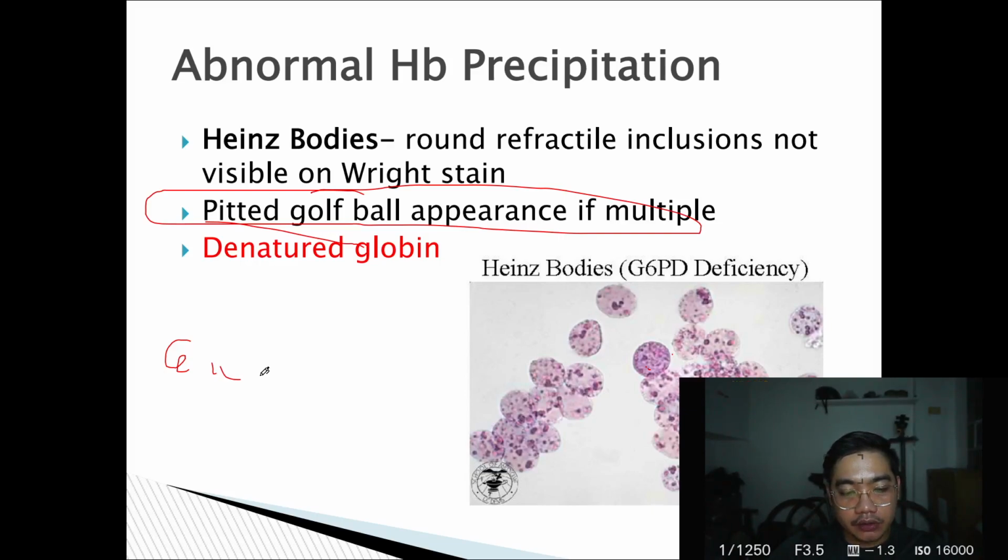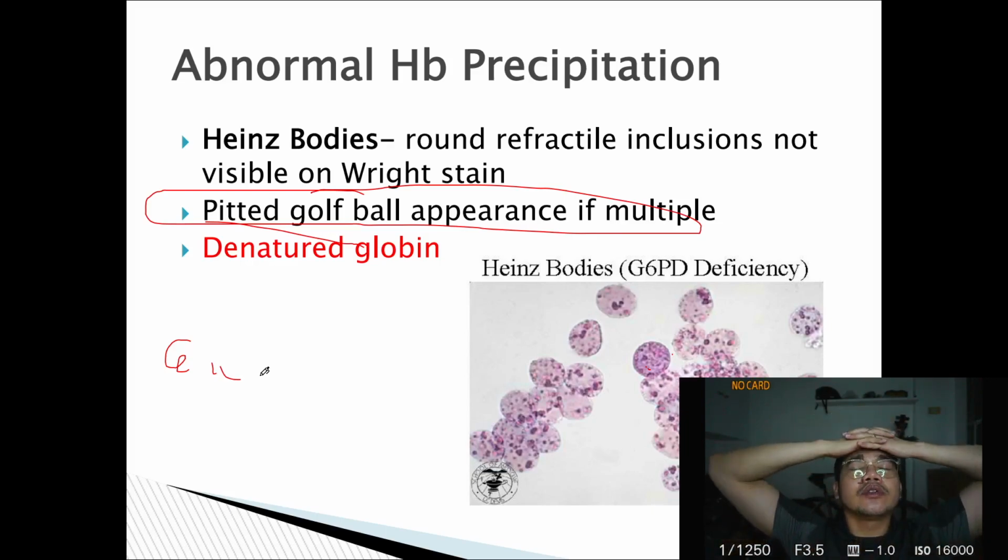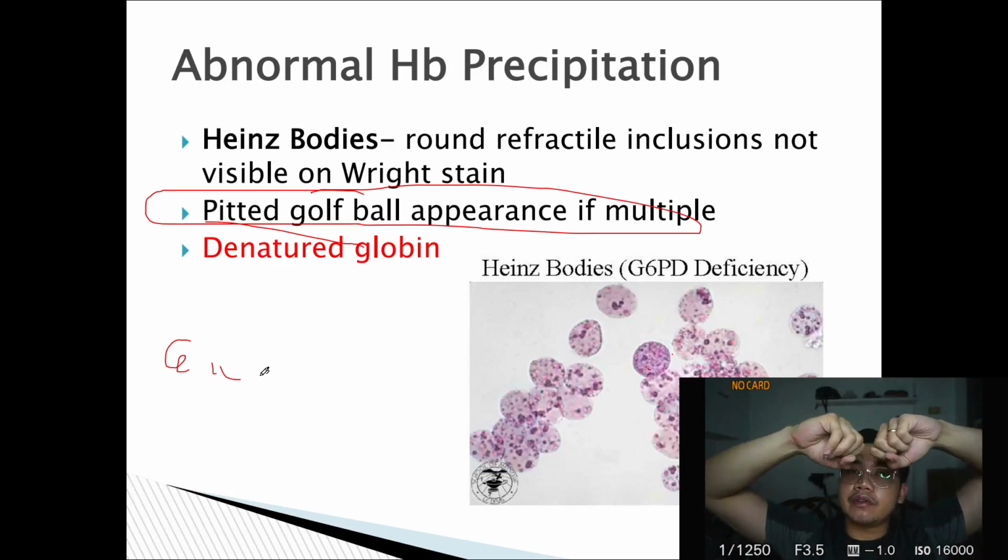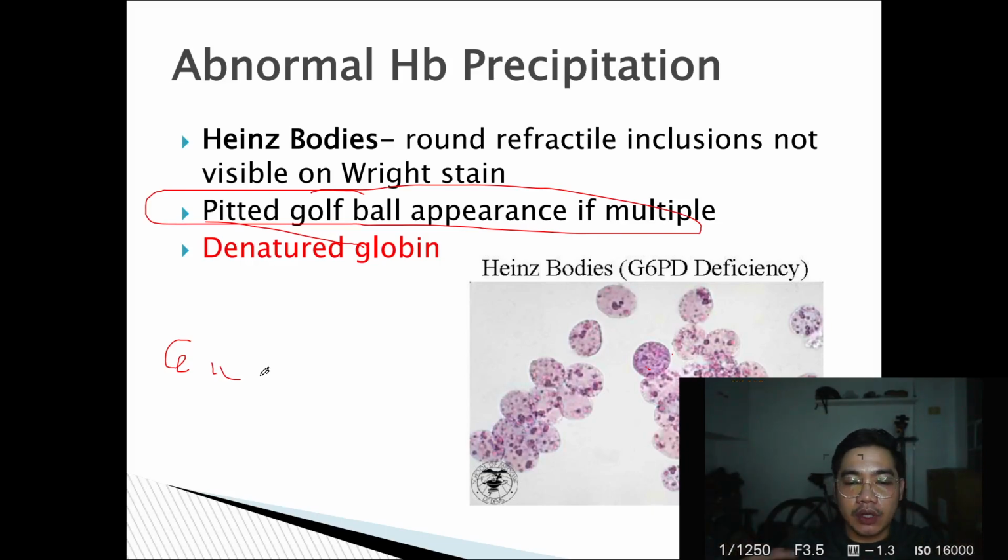Glutathione is a very strong antioxidant, and then in the presence of oxidizing agents like your reactive oxygen species or radiation, your hemoglobin tends to clump together. So glutathione aids in avoiding the clumping of your hemoglobin. So that's why if wala kay G6PD, hemoglobin tends to clump together and form these Heinz bodies, giving off a pitted golf ball.